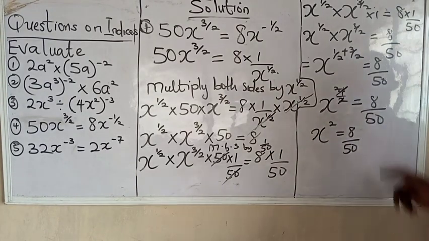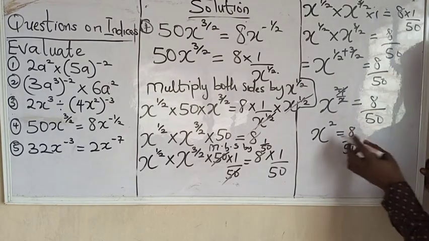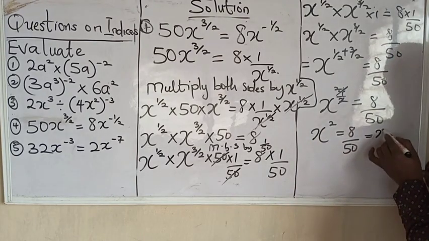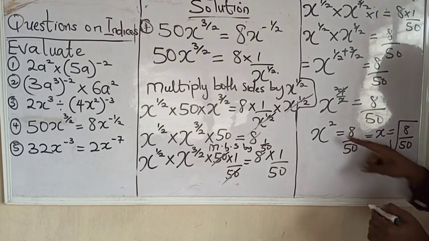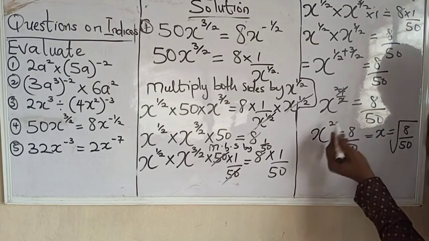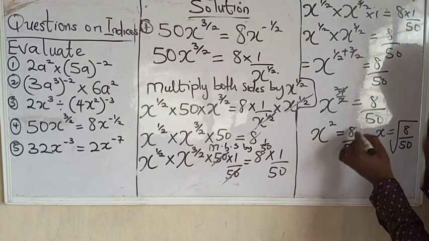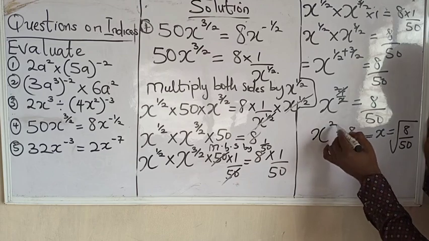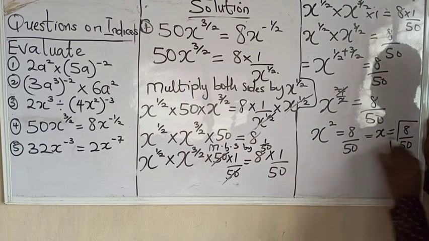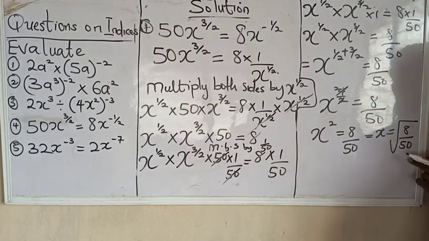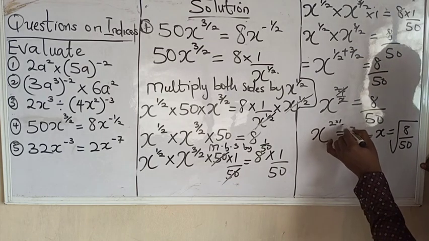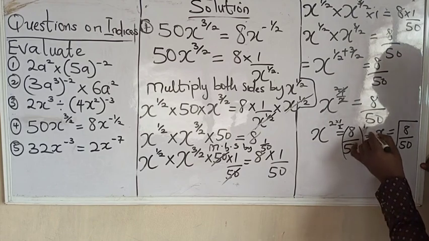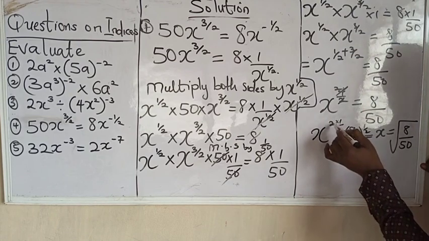Now, to find the value of x, what am I going to do? I can say x equals the square root of 8 over 50, or I can as well multiply both sides by half. When I multiply both sides by half, automatically 2 cancels 2.